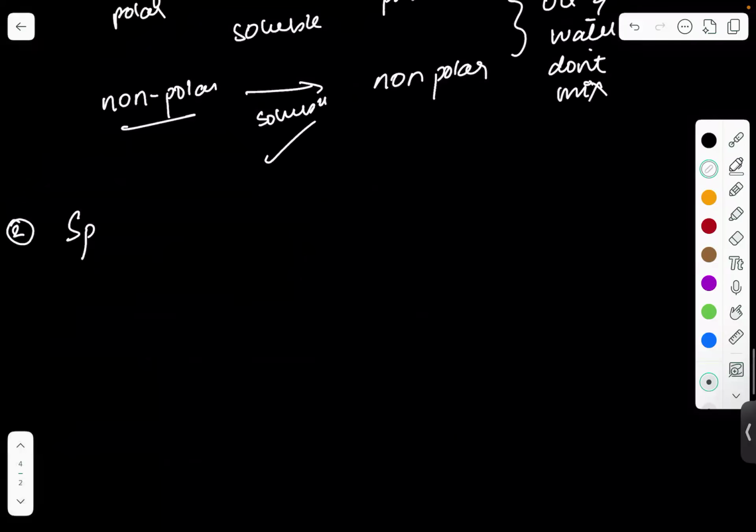The other one I want to look at is specific heat capacity. You've definitely learned this in O-level chemistry, and you will relearn it again in A-level chemistry if you're taking it.